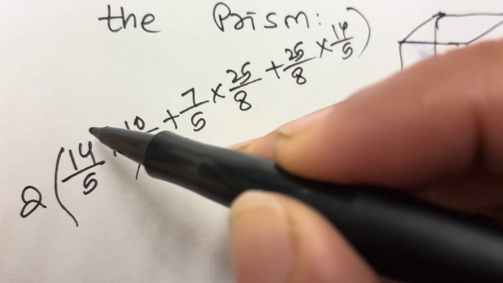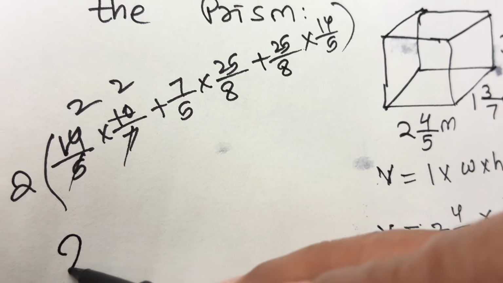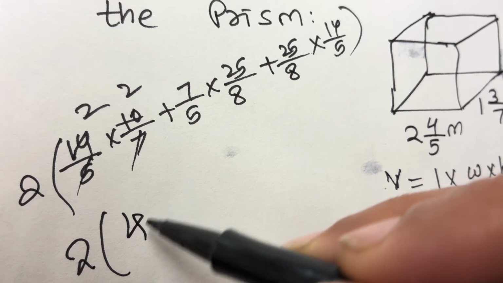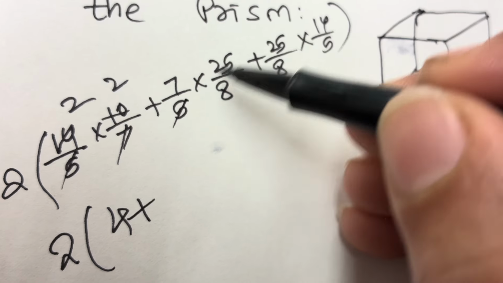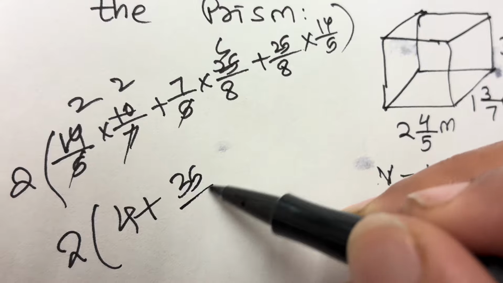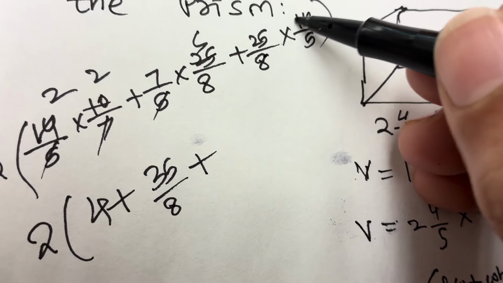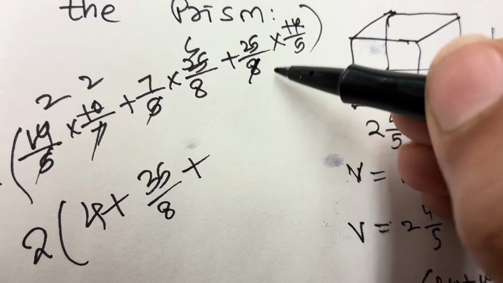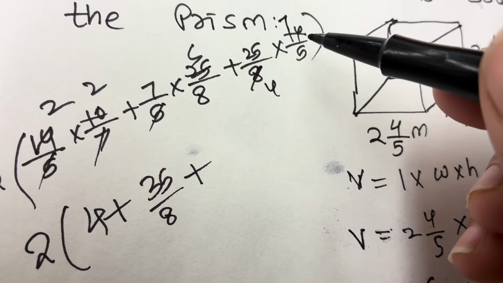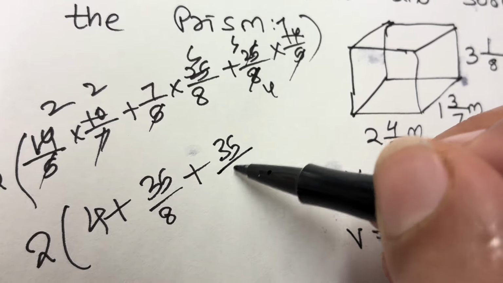So 7 times 1 and 7 times 2, 5 times 1, 5 times 2, which gives us 2 times 2 is 4, plus here 5 times 1, 5 times 5, 7 times 5 is 35/8, and here 2 times 4, 2 times 7, and 5 times 1, 5 times 5, so it would be 35/4.